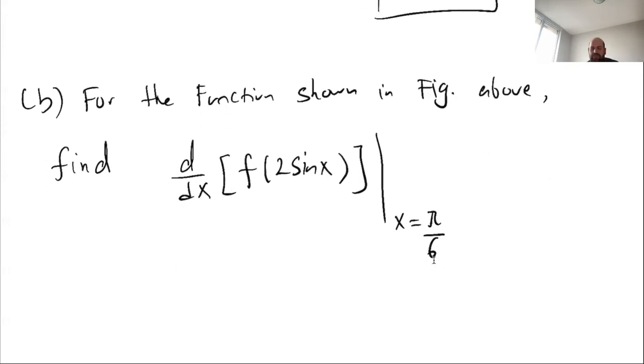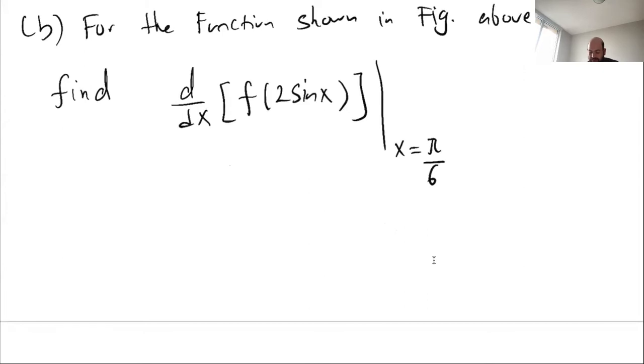Again, f of u derivative is asked, which we can find using the chain rule. And then we have to replace the value of x later, after we find the formula as a function of x.